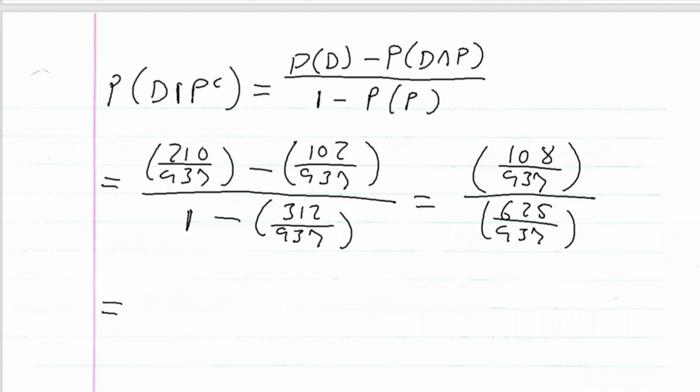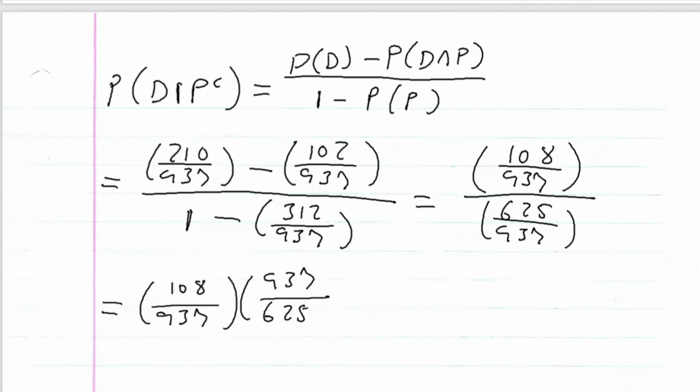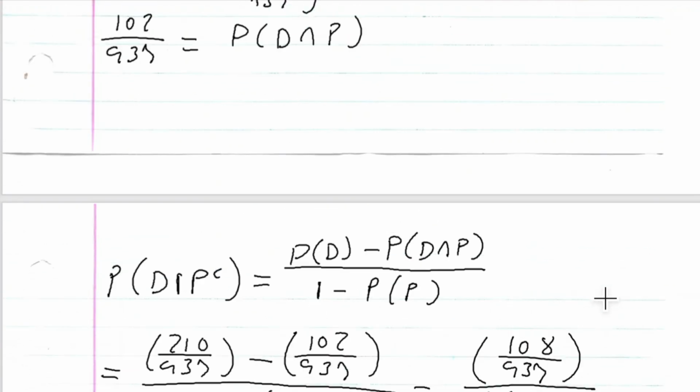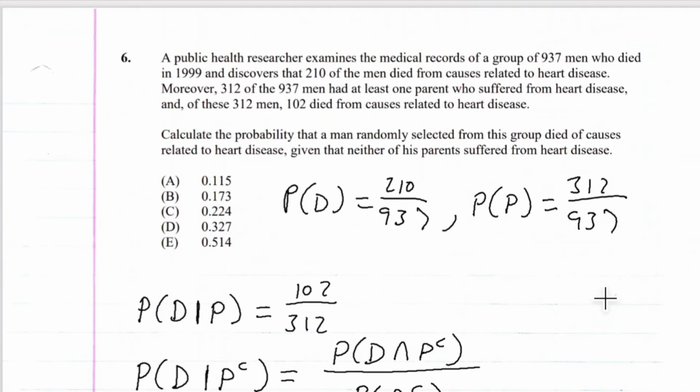This is equal to 108 over 937 times 937 over 625. The 937s cancel. Then I'll have 108 over 625. And that is approximately equal to 0.173. And that is answer B.